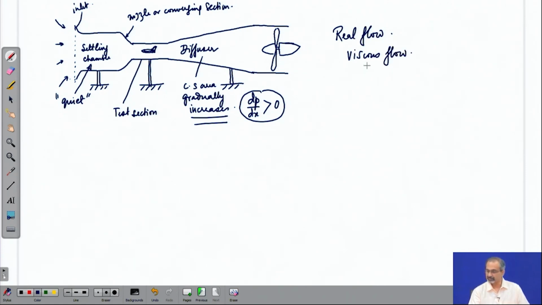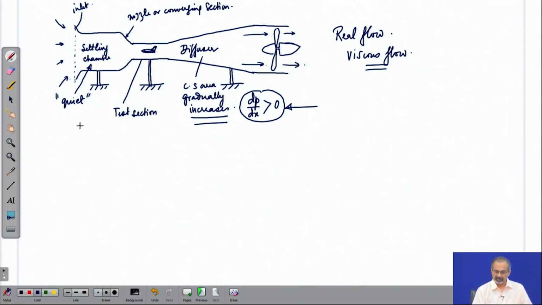So, while it handles the viscous flow, it is very much prone to flow separation due to adverse pressure gradient, and thereby you have to keep a long diffuser where you gradually increase the pressure of the flow and make sure that there is no flow separation. And then finally, the flow moves through the fan and leaves the wind tunnel.